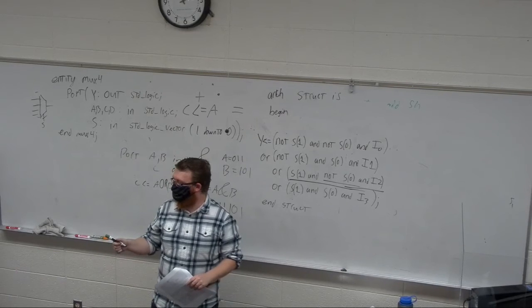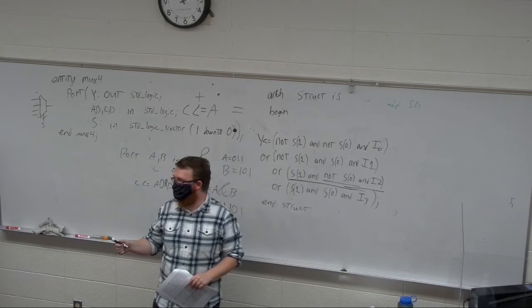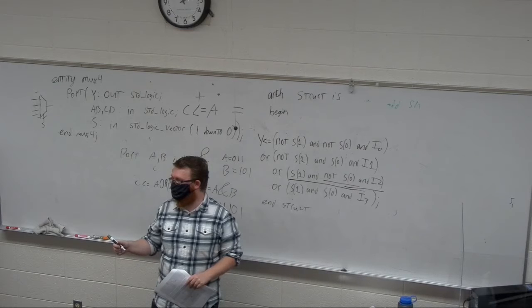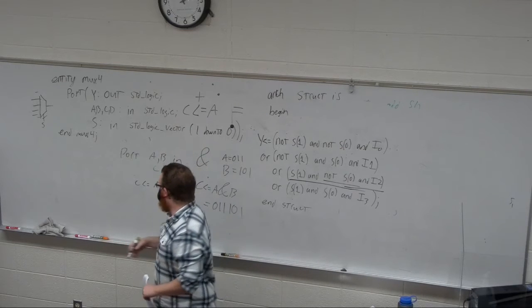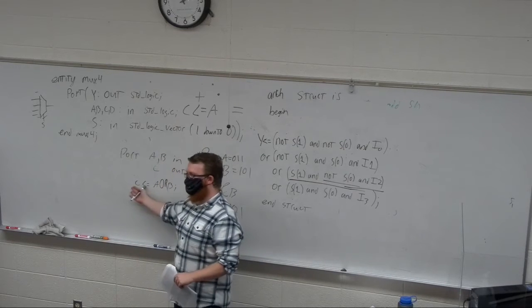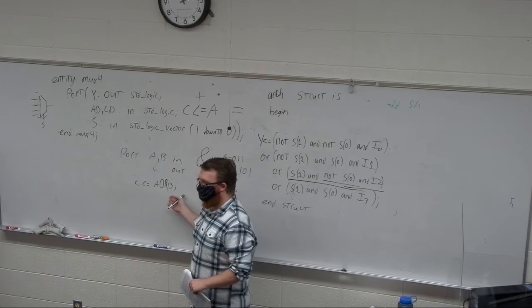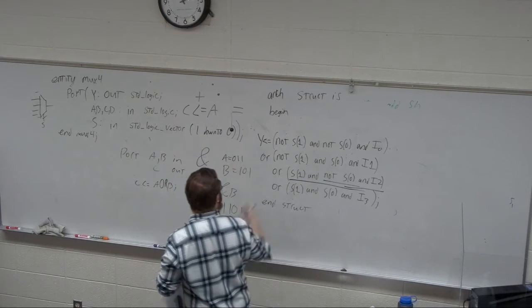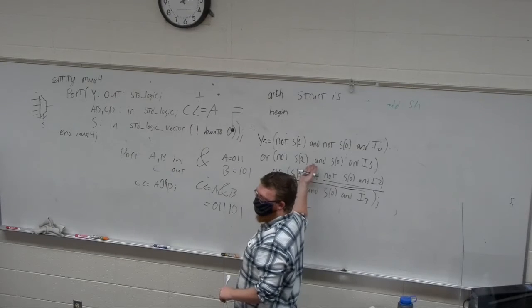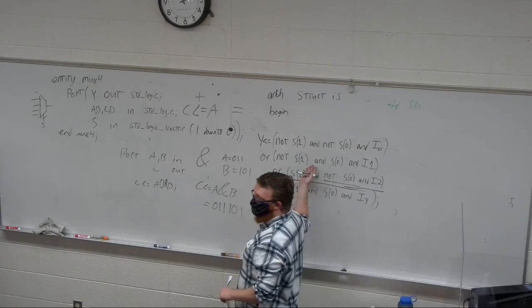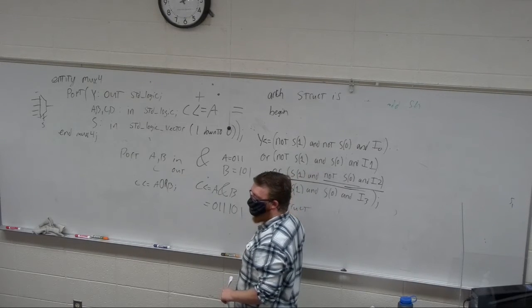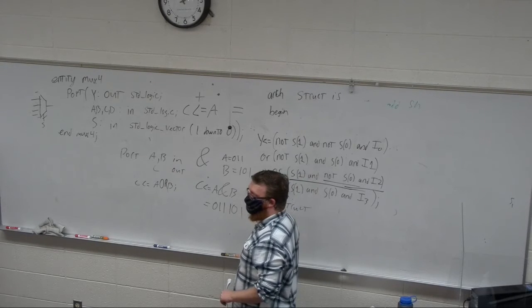What is the difference between behavioral and structural? Behavioral is this: I am describing how I want it to behave. Structural is the gates, and I built it from the ground up. And you only need one of them in your program.